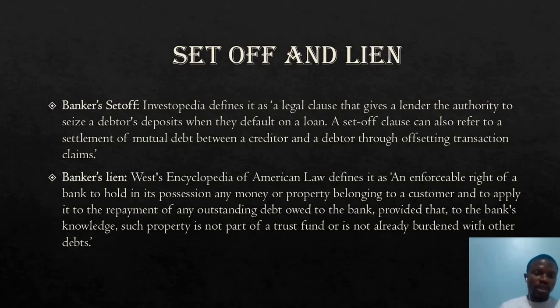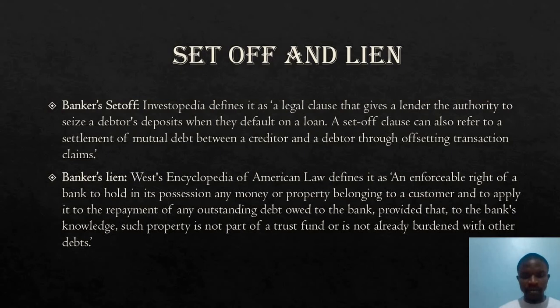So it is stated here that the money that the bank is using as a lien must not be part of a trust fund and must not have already been marked out for other debts.